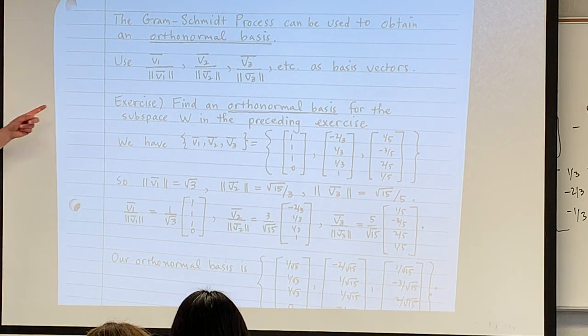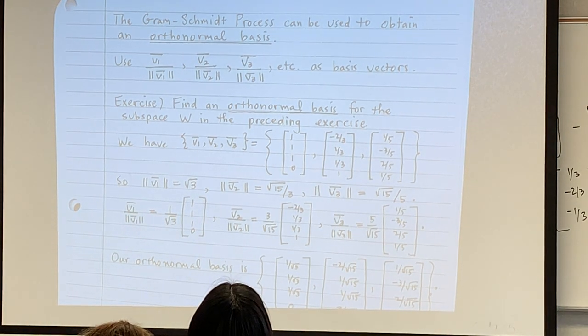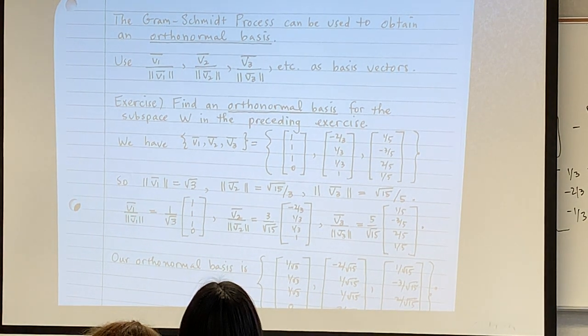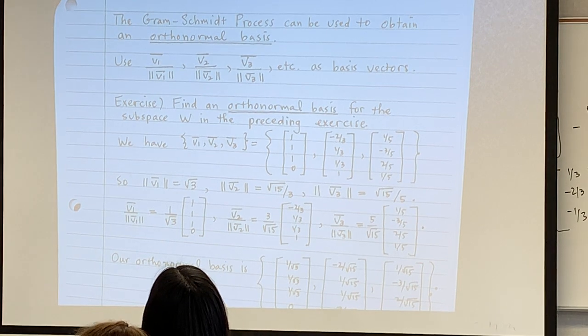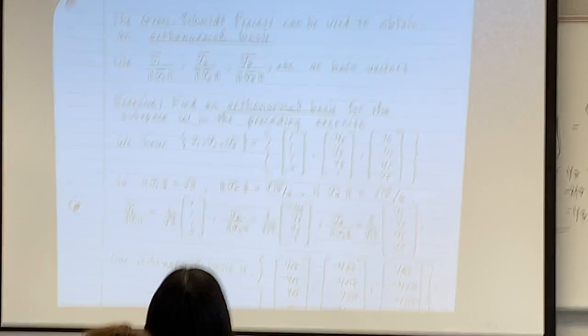The Gram-Schmidt process can be used to find an orthonormal basis. Orthonormal means orthogonal vectors that are also unit vectors. I'm not going to ask you to find an orthonormal basis, okay? And it's very easy to do.